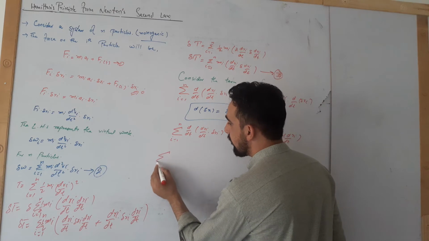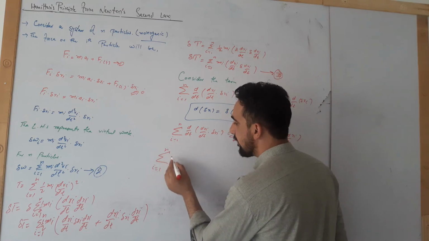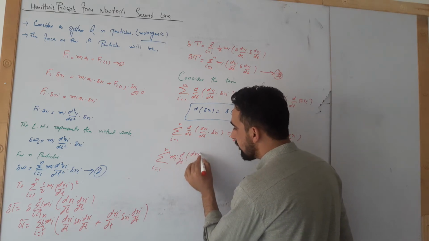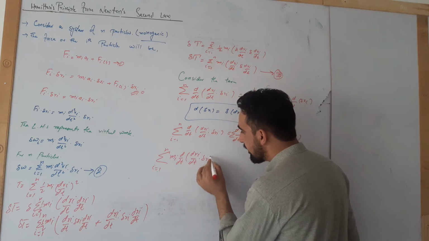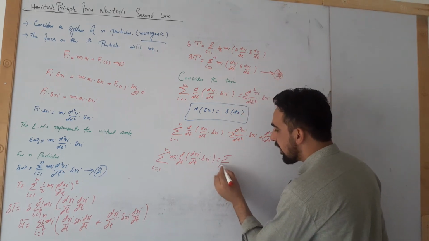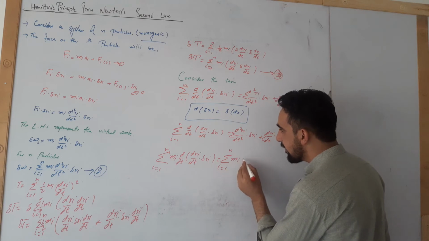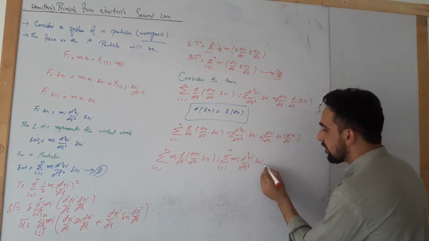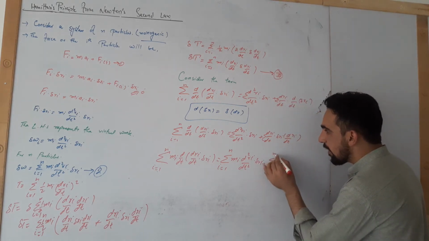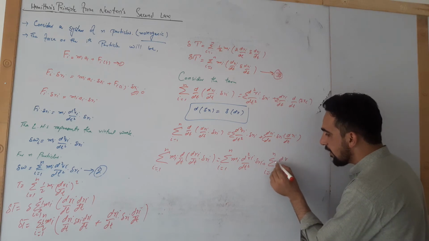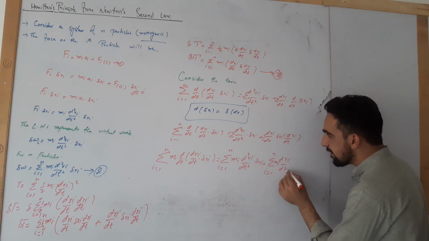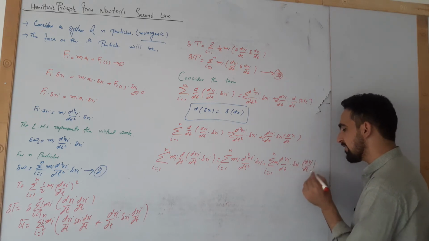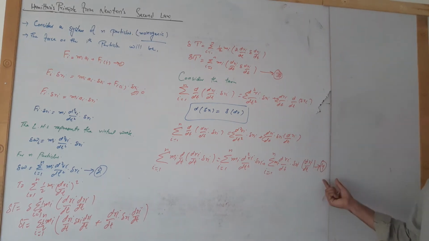So we will have summation i is equal to 1 up to n Mi d by dt of dRi over dt dot del Ri is equal to summation i is equal to 1 up to n Mi d square Ri over dt square del Ri plus summation i is equal to 1 up to n Mi dRi over dt dot del dRi over dt. So this is our equation number 4.